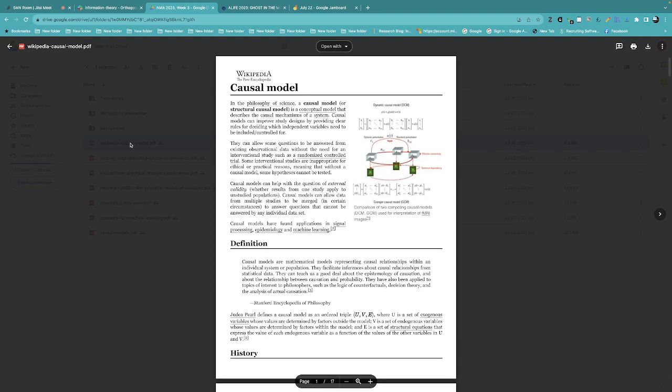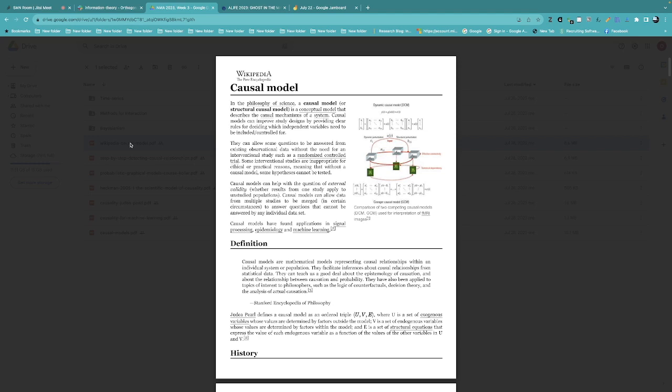Wikipedia, of course, has a stub on causal models. And this is the starting point, I think, for understanding the difference, at least from a modeling standpoint, between correlation and causation. In the philosophy of science, they've used causal models for a long time, and of course it can be transferred to statistical models, statistical learning, and other things.